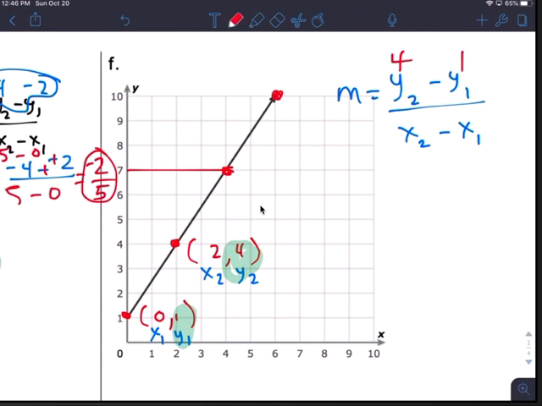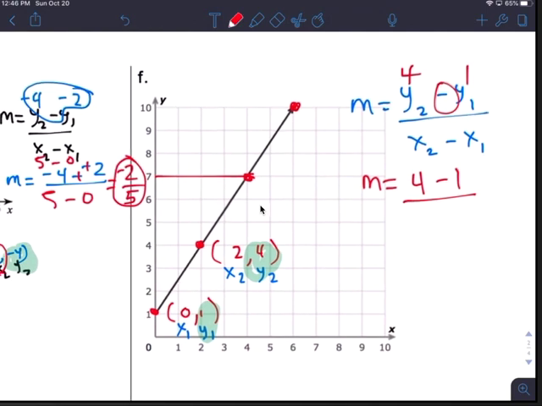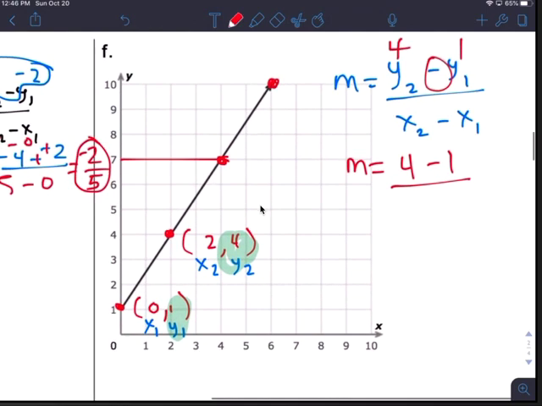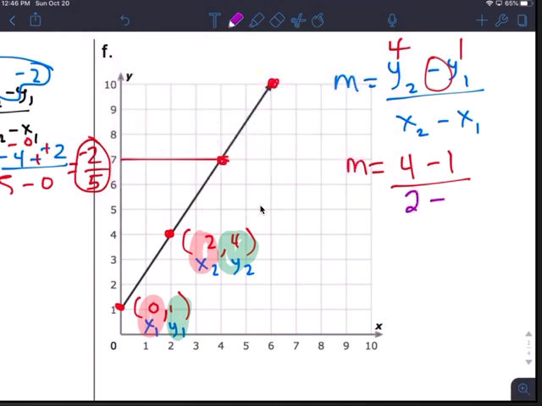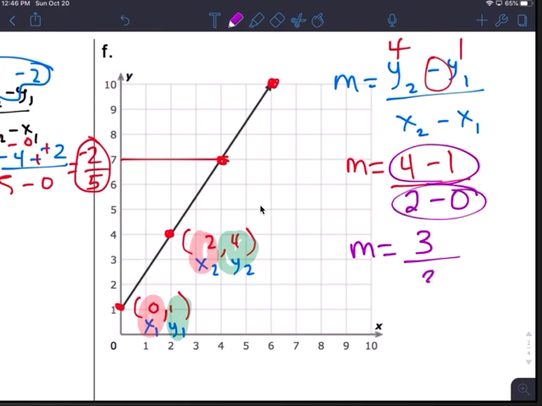So M equals 4 minus 1 over x sub 2, 2, minus 0. 4 minus 1 is 3, 2 minus 0 is 2.